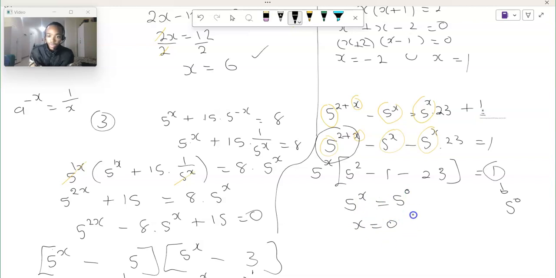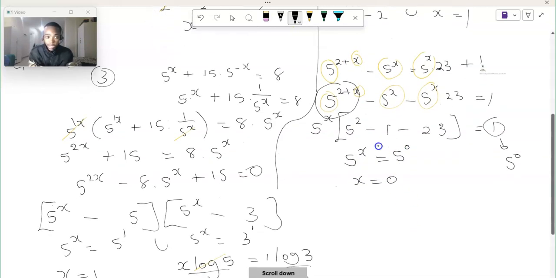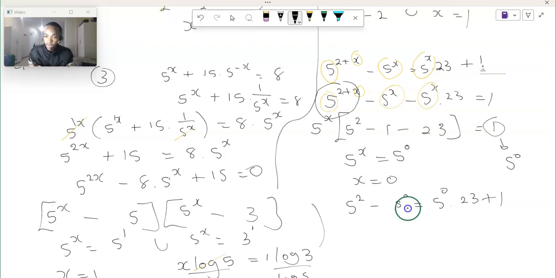Therefore if you take the 0 and plug it in the original equation, we will have 5 to the 2 plus 0 minus 5 to the 0, and then is equal to 5 to the 0, that's 1, times 23 plus a 1.